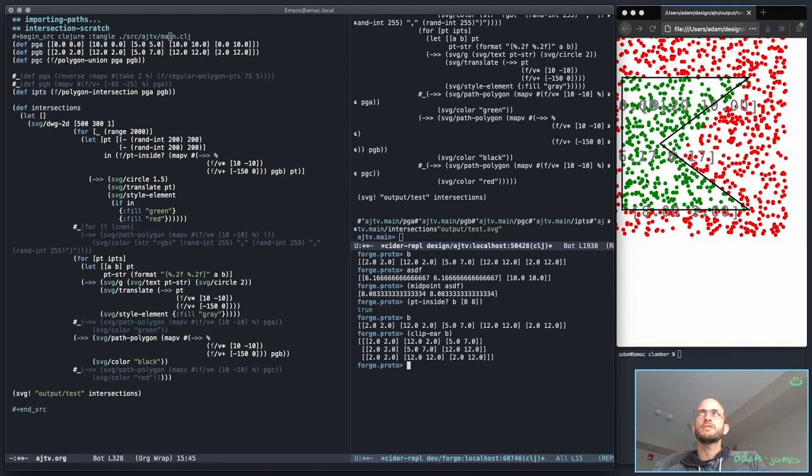Two, 2 to 5, 7, 2, 2, 5, 7, 12 to, here, this is it. This is not a valid triangle. My ear clipping algorithm is not correct. The polygon-union setup is theoretically correct. The problem I have now is my ear clipping algorithm clips ears incorrectly.